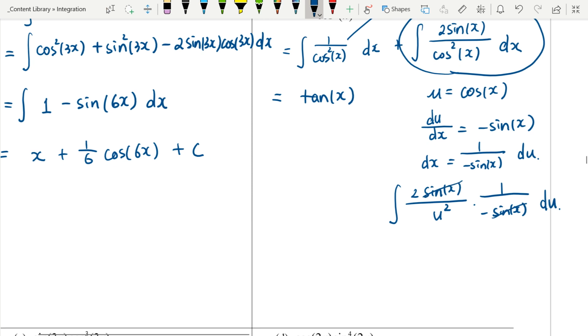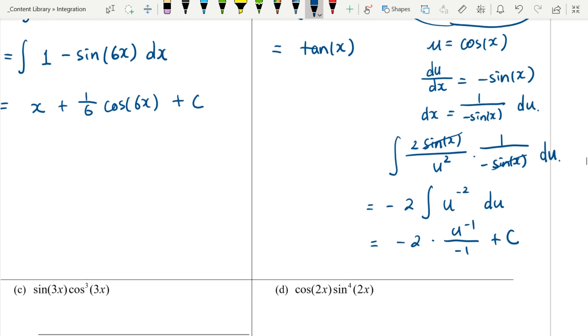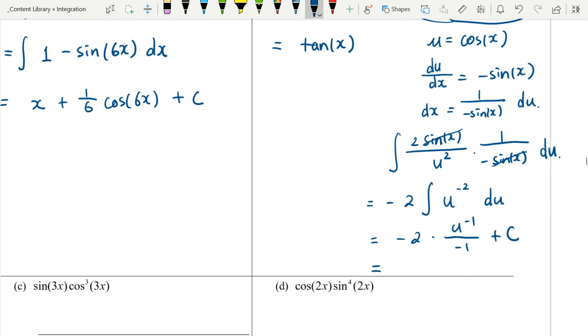Those two get cancelled. So it's minus 2 times the integral of u to the power of minus 2 du. That's minus 2 u to the power of minus 1 divided by minus 1, which is 2 over cos x plus c.